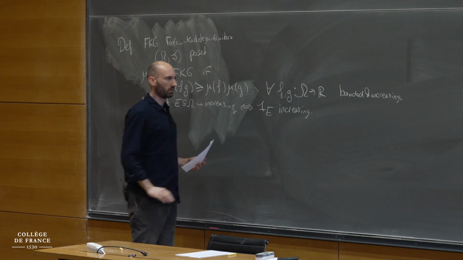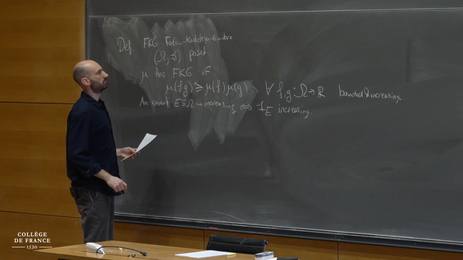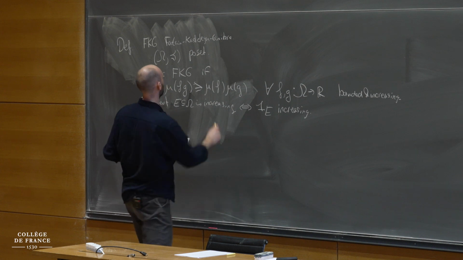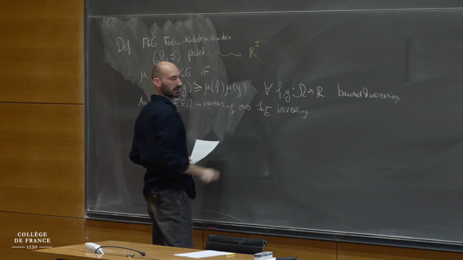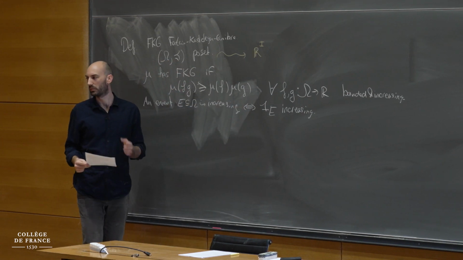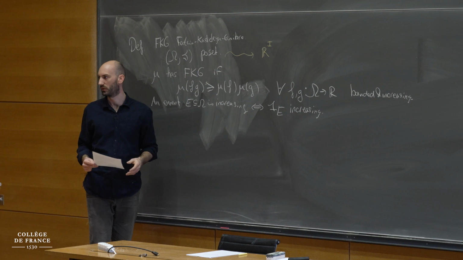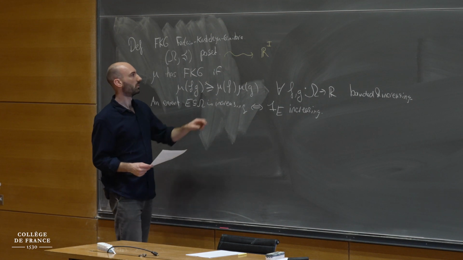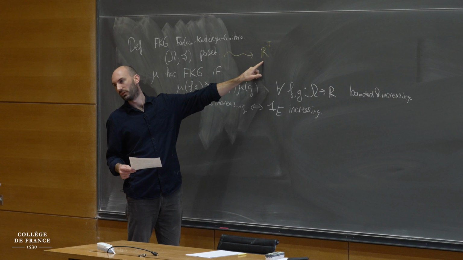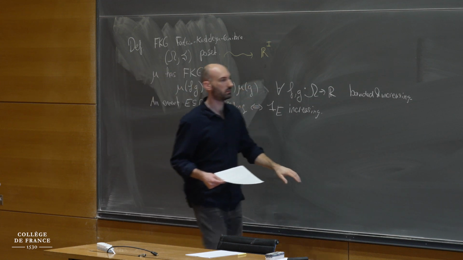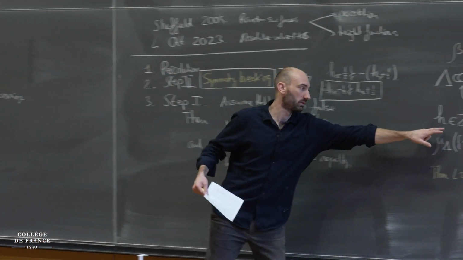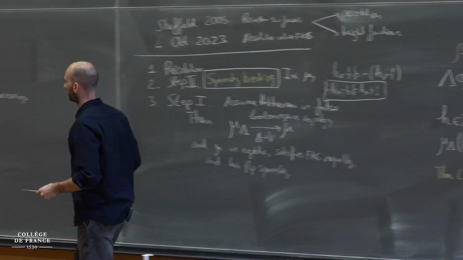So this is all very abstract, but in practice, what happens is that this is often just R to some index set I. And then you just take the partial order on functions on I. So for example, you can have measures which are supported on functions which take value 0, 1, and then it's often called percolation. But for example here, we take functions which are supported on integer valued functions.